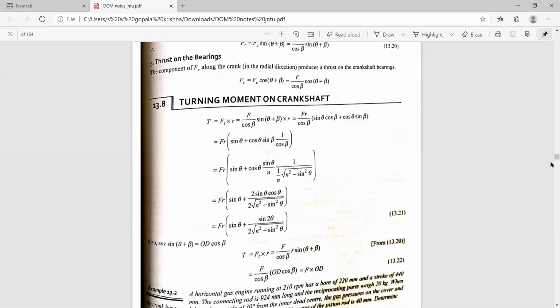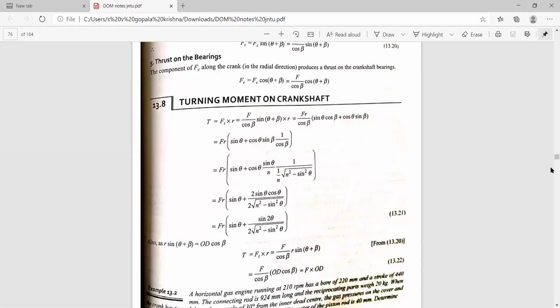That is T equals Fr times sin theta plus sin 2 theta by 2 into the square root of n square minus sin square theta. Later we also covered the velocity and acceleration of the piston rod, which was covered in the earlier class.